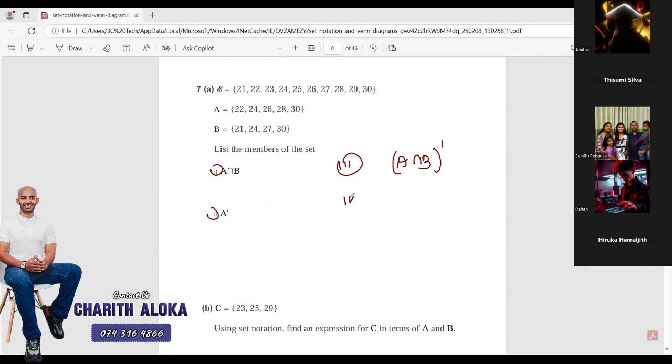Then 5, 4: A union B complement. 6: no, that is A intersect B complement. Can you write this down? This is the universal set, this is set A, this is set B. I give 5 minutes, quickly try that out. 4 minutes.